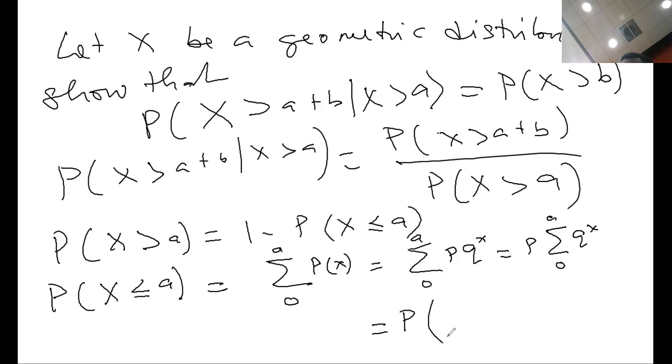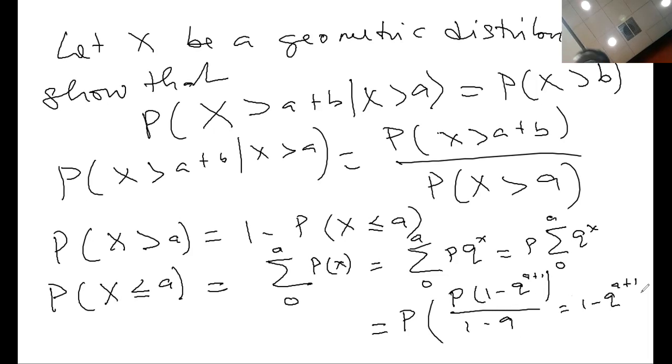So we are going to write this as p times y minus q a plus 1, divided by 1 minus q, which is 1 minus q a plus 1.